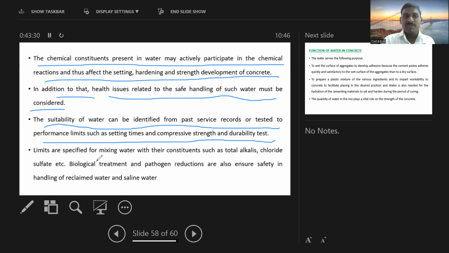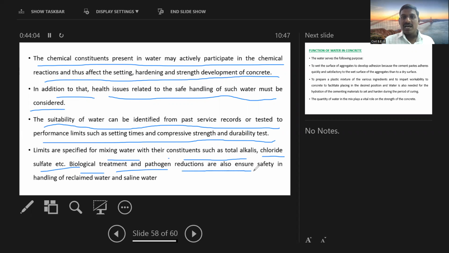Also, limits are specified for mixing the water into the concrete. Such as the total alkalinity of this water, which we have to find, then chloride and sulfate content that we have to know, then biological treatment also we should know, and how much percentage of pathogens, bacteria or germs are present, that we should know before use of the water for construction.